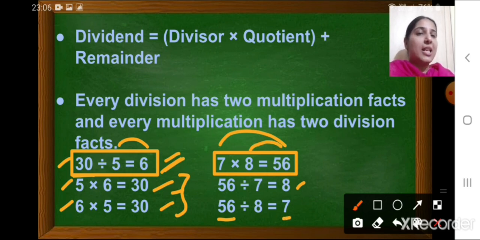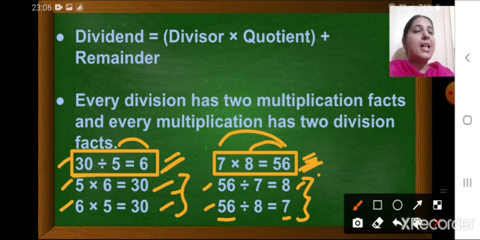So this multiplication has 2 division facts: 56 divided by 7 will give you 8, or 56 divided by 8 will give you 7. So that is stated in this statement that every division has 2 multiplication facts and every multiplication has 2 division facts.